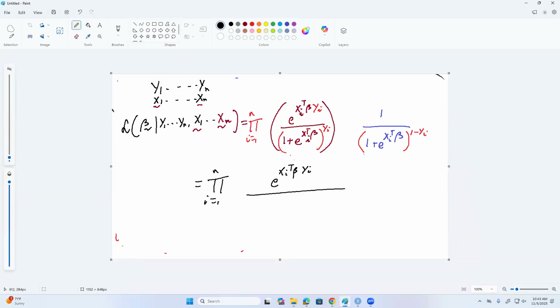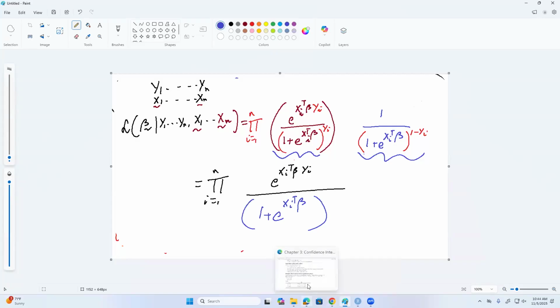And look at this part and this part together, yi and 1 minus yi. When you take the product, you add the powers. If you add the powers, it becomes 1. Therefore, the denominator is 1 plus e to the power xi transpose beta. No yi is involved in the denominator.